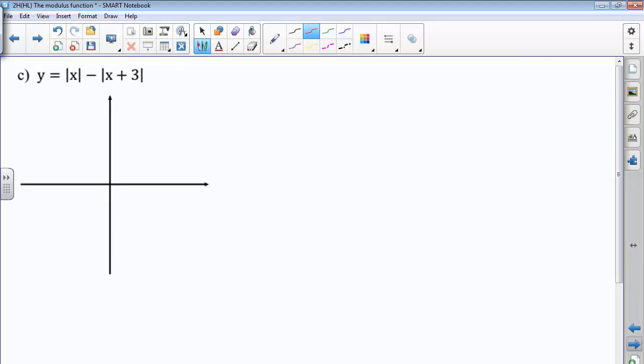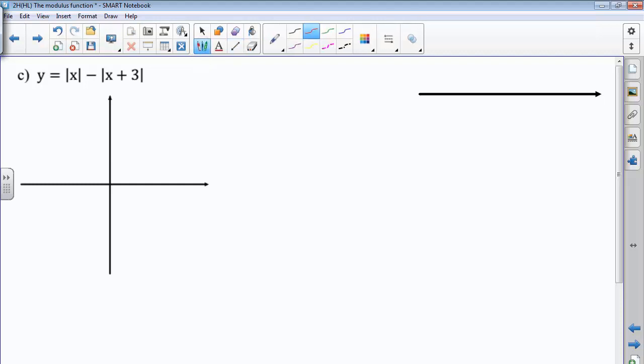Let's look at the number c. C is a little bit more challenging because I have two modulus signs in this function. If I have two absolute value signs in one function, I will use a number line to help myself find the boundary points.